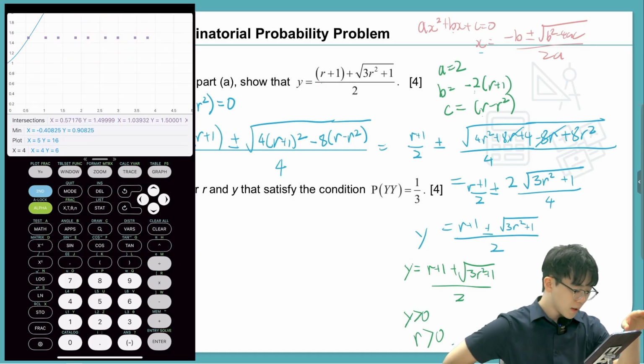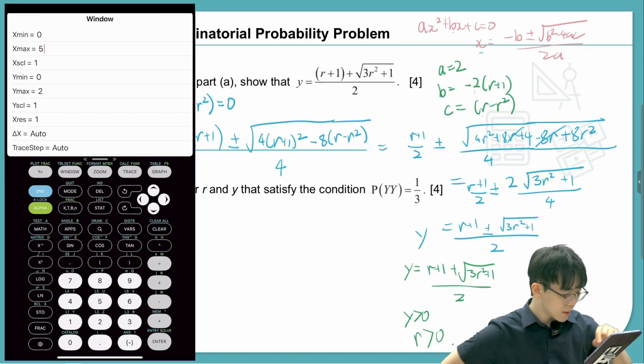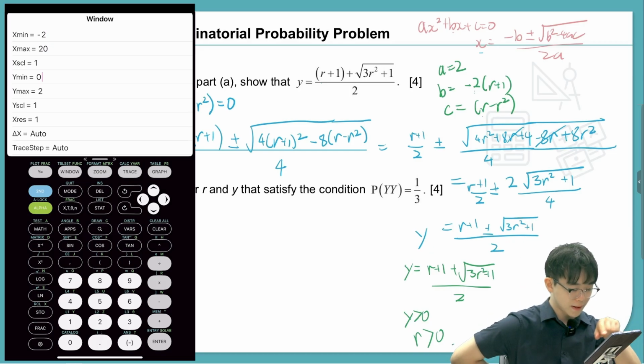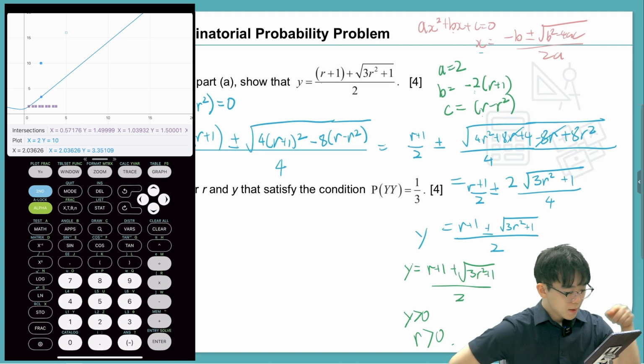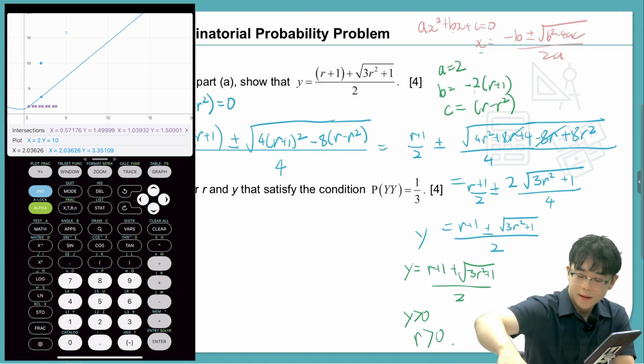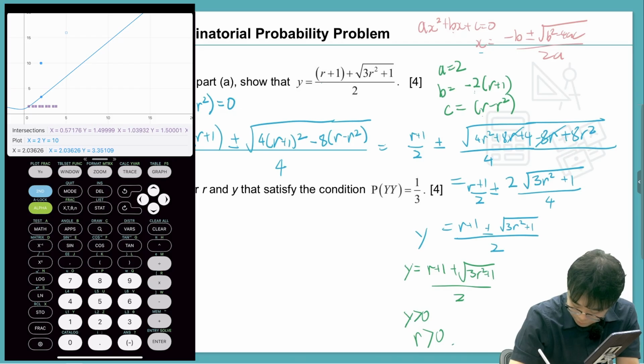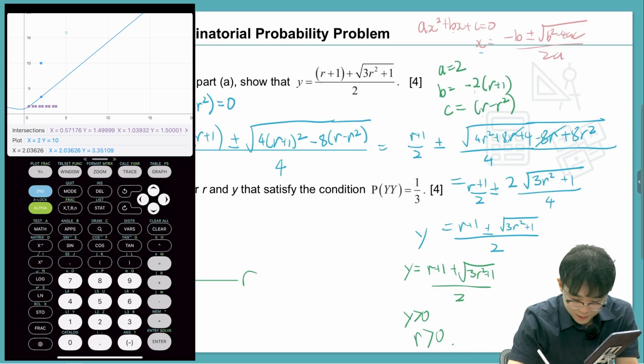Okay, so that seems quite all right because r would be a positive number. So we could have r going all the way up to 20 red balls, and then we could show yellow balls, y, going from maybe -2 all the way to 20 as well. If you were to show the red balls as a function of the yellow balls, I think it's okay if we have this expression.